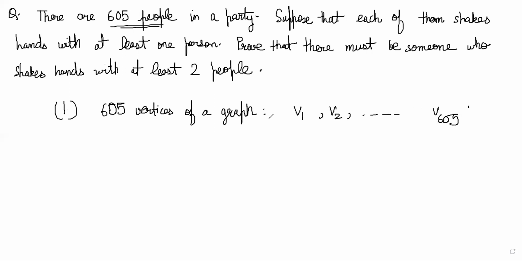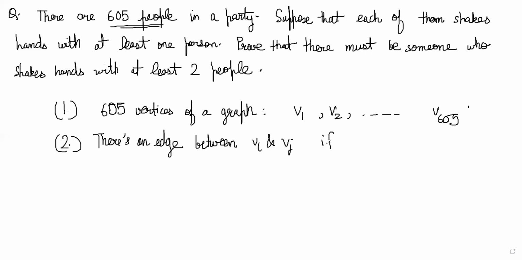These are vertices of a graph. And let's make the rule that there is an edge between Vi and Vj if those people shake hands. If they shake hands, there is an edge between them, right?